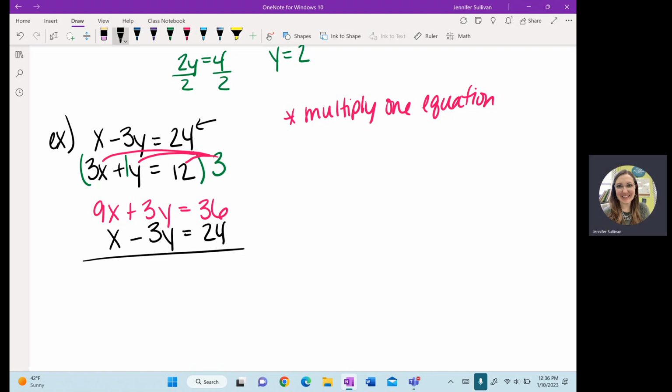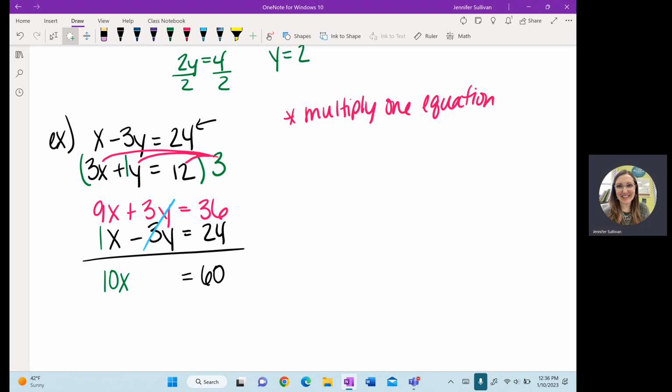So if I have 9x and I'm combining it with another x, this is a 1x. So this is going to give me a total of 10 x's. My 3y and negative 3y cancel. And now I'm set equal to 36 and 24 gives me 60.